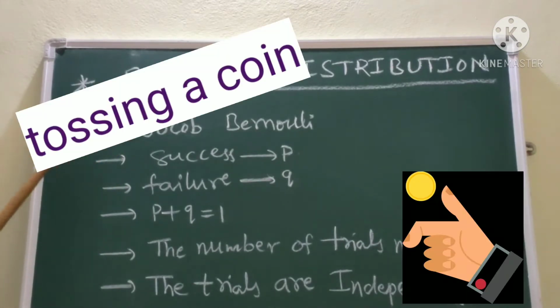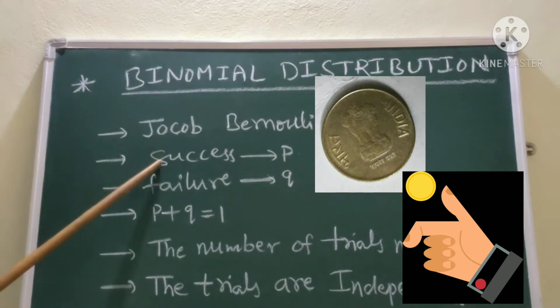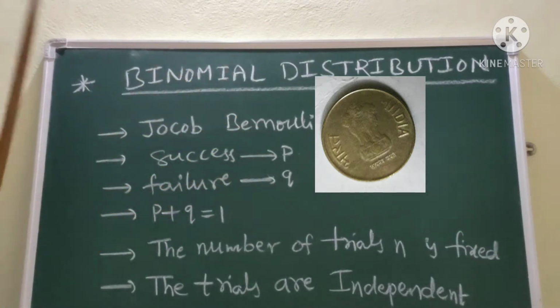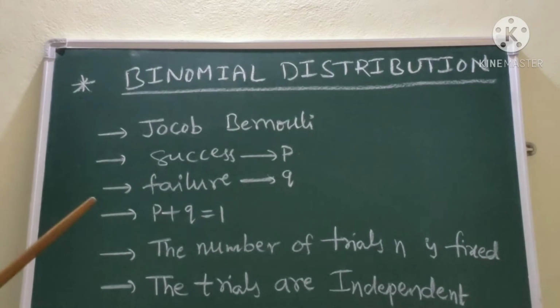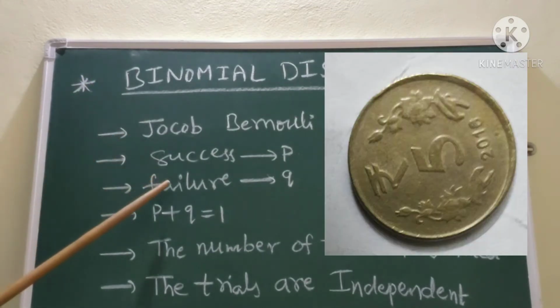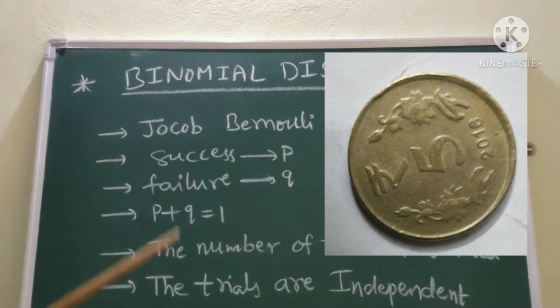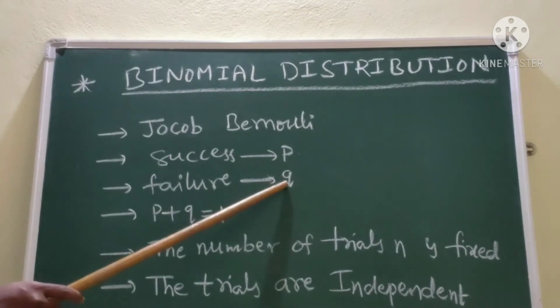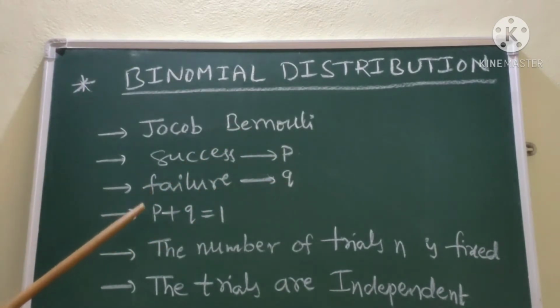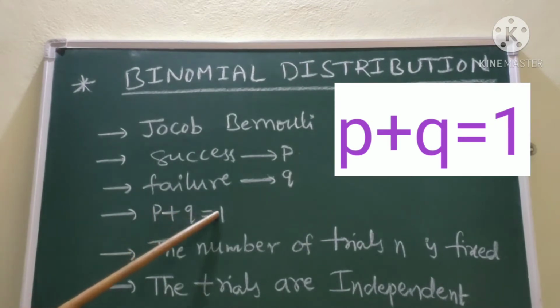Here, if you take an example of a random experiment, suppose the event of getting heads is a success, and let us say that the probability is P. In the opposite way, the event of getting tails is a failure and the probability of that failure is Q. Then the sum of the two probabilities, P plus Q, is equal to 1.